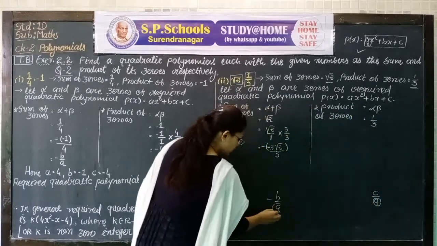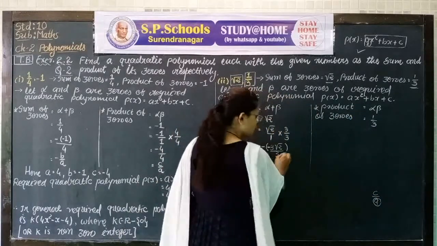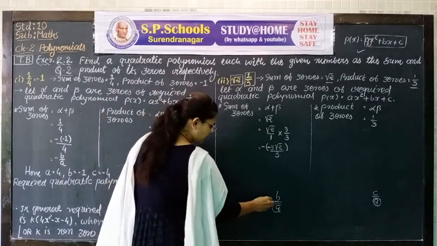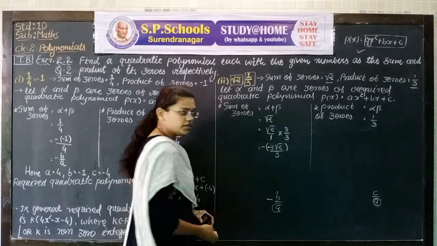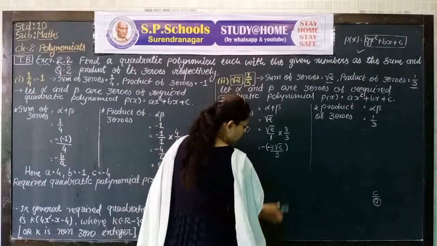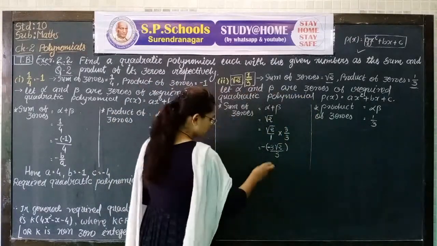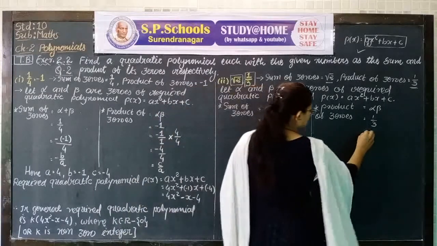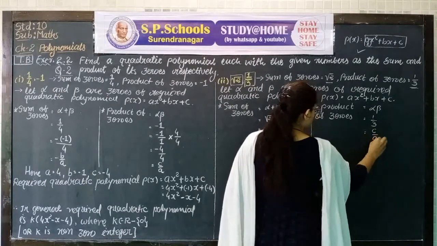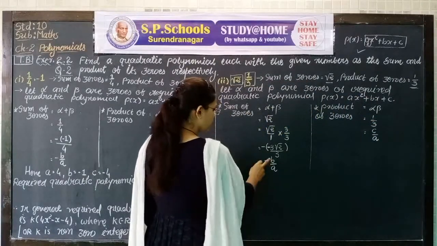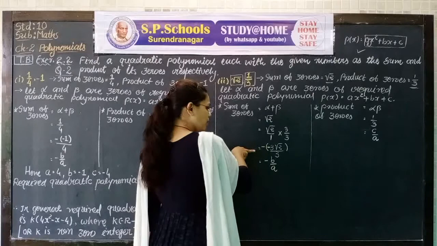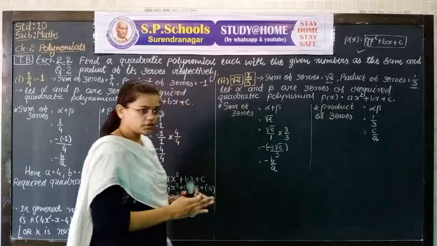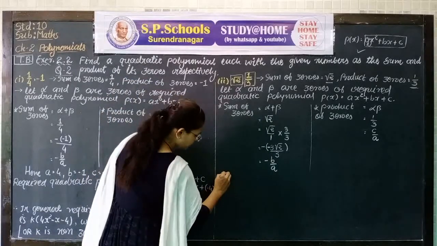Both denominators are equal, 3 and 3. Yes. Then go to the next step: see the minus. Minus is here. Yes. Then write minus b upon a and c upon a. On comparing minus b upon a with the above term and c upon a with the above term, we obtain the values of a, b and c.